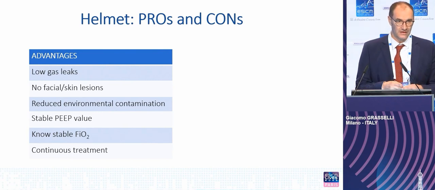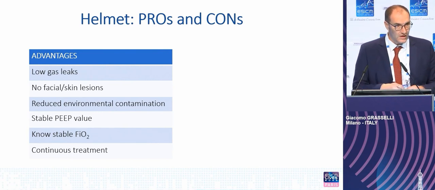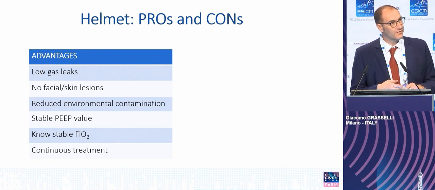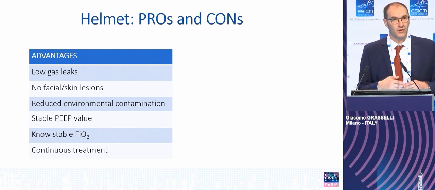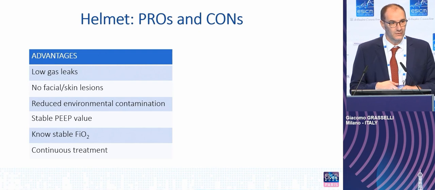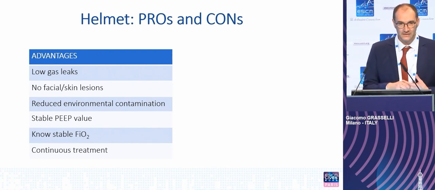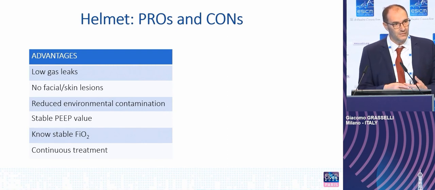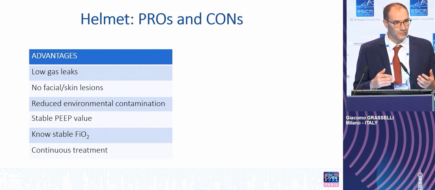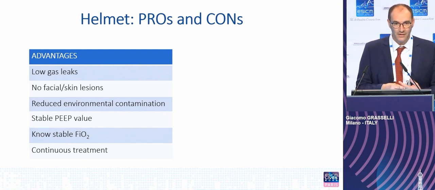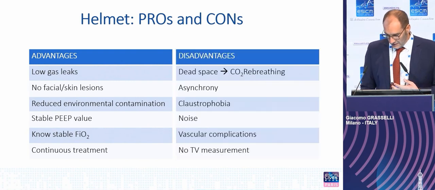Of course, you can deliver a stable FiO2, and the better tolerability grants a more prolonged period of treatment, and we all know that improved patient comfort means probably more time with the device, so more time with positive pressure applied at the airways.